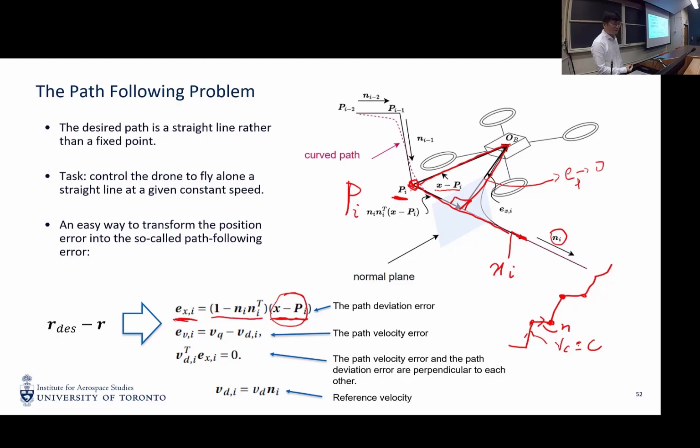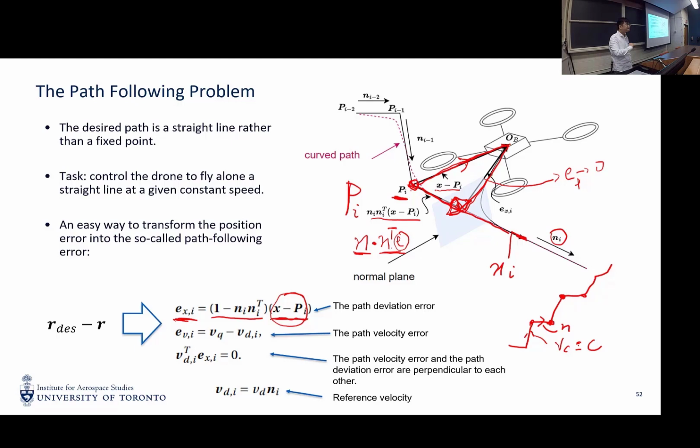The reason we have this matrix is that the projection of the position error onto the path is given by this form. We take an inner product between the direction of the line and our position error to get the projection of the error onto the line, and then multiply it by the direction of the line to get this vectorized component.